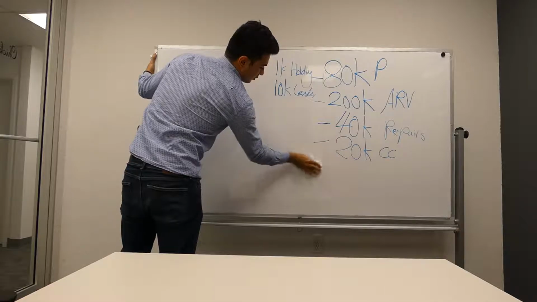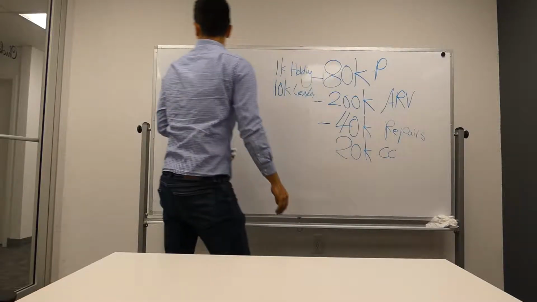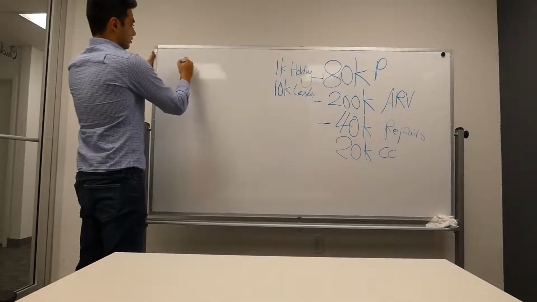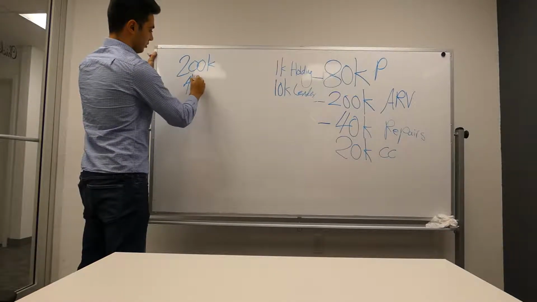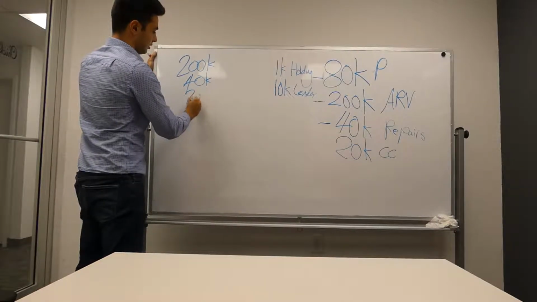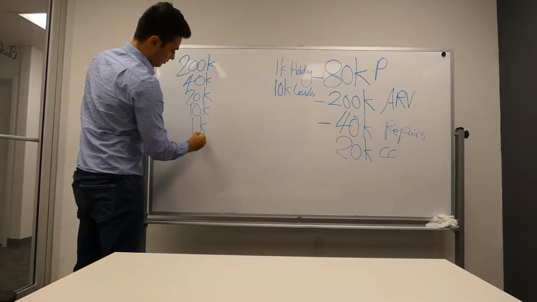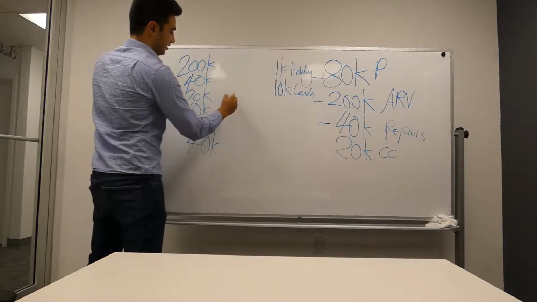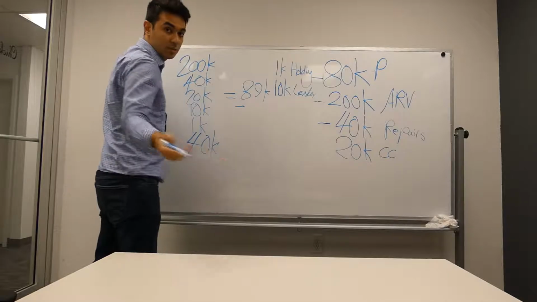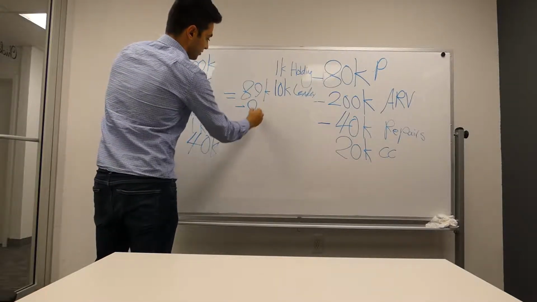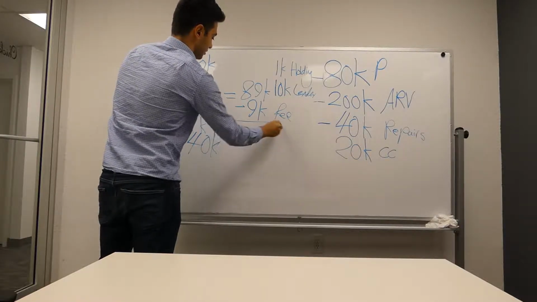So if your buyer likes to make $40,000, you could do the 200 minus 40 repairs minus 20K closing costs, 10K lender, 1K, and the 40K, right? Then you have 89 here. Then you would take the 89 minus, let's just say you want to make $9,000 assignment fee, right? Then you're at 80.